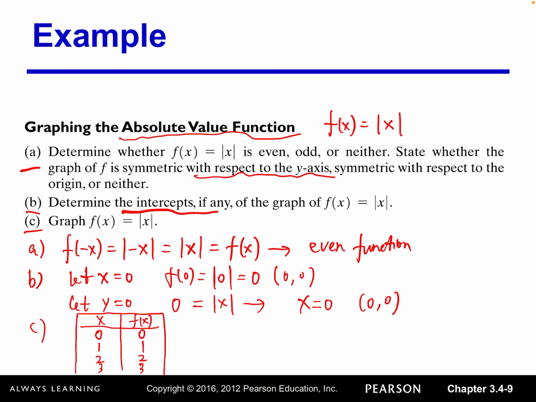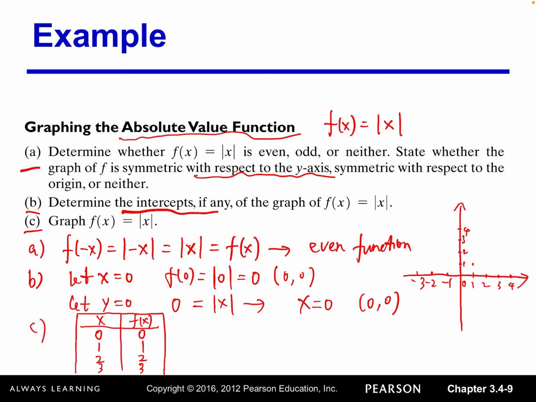So where I can graph, okay, let me try over here. So set up rectangular coordinate system, okay. And then y coordinates 1, 2, 3, 4. So 1, 1, right?